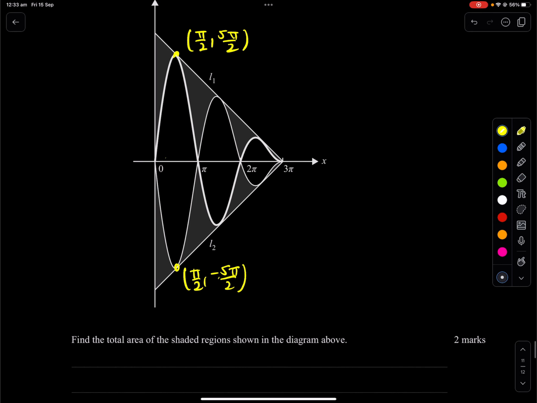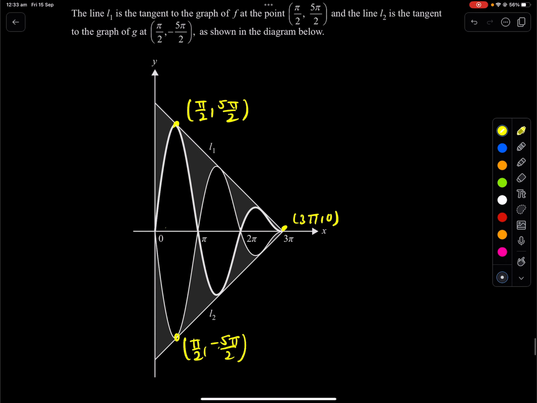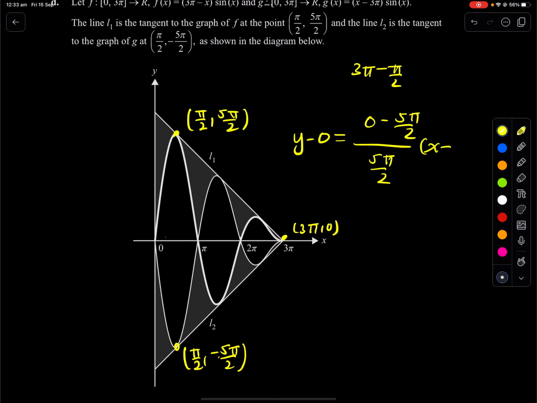Well, the triangle, okay, we know 2 points. So this is 3 pi, 0. So let's just find the equation. Y minus 0 equals the gradient, which is 0 minus 5 pi on 2 over 3 pi minus pi over 2, which is 5 pi on 2, times x minus 3 pi.